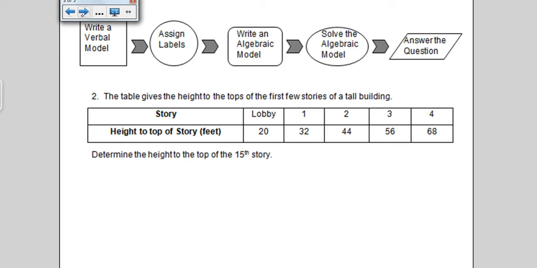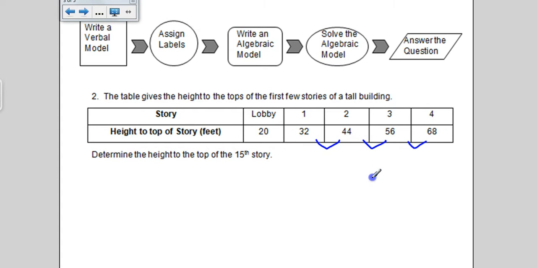Well, some people would approach this problem by just kind of continuing the pattern up to the 15th story, kind of continuing the chart. But let's think of a more algebraic approach to this, because what if I asked you something crazy like find the 181st story's height? That would be a really long problem that way. So besides the lobby, I think you might notice a little bit of a pattern here.